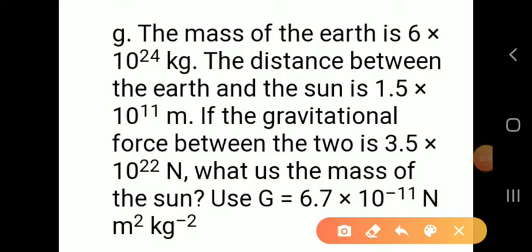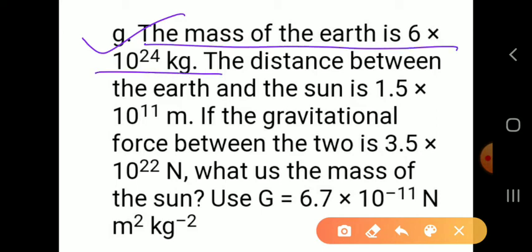Children, let us see the last question, that is question number 5, G part. The mass of the earth is 6 into 10 raised to 24 kilogram. The distance between the earth and the sun is 1.5 into 10 raised to 11 meter.